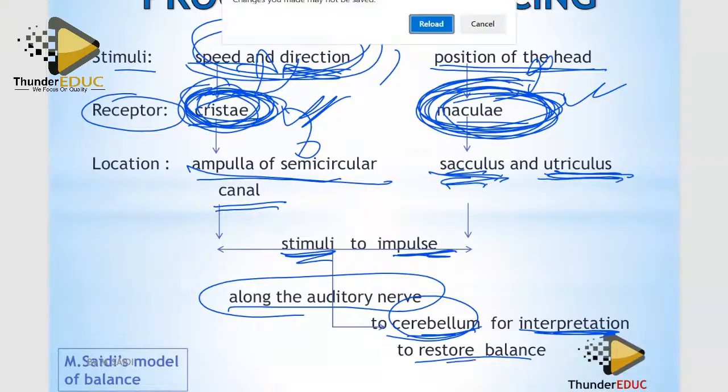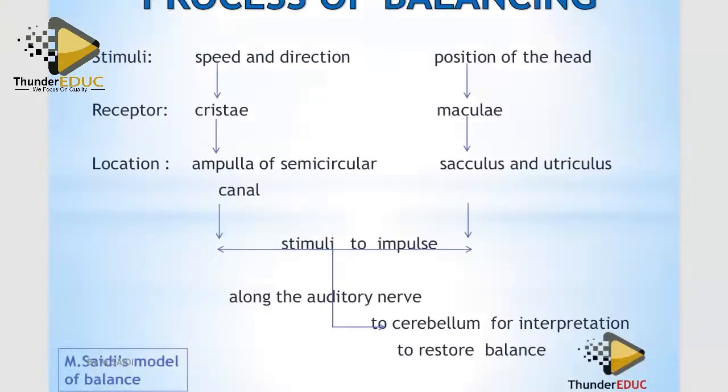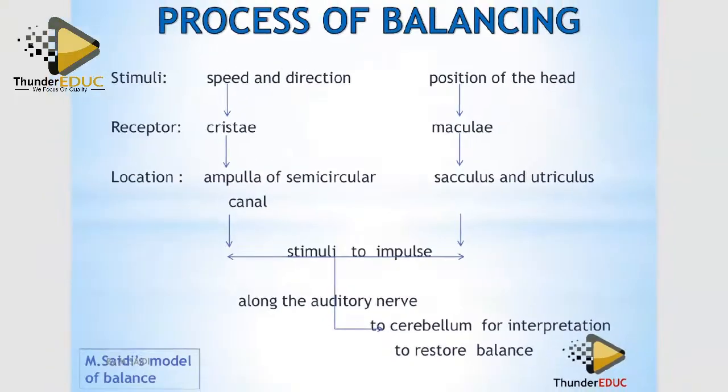Okay, now let's repeat. Let's say, how do we write in the paper using the Saidi model of balance. Step 1, you need to identify the stimuli. Step 2, you need to identify the crista. Step 3, you need to know the location. Step 4, now you need to combine the two.